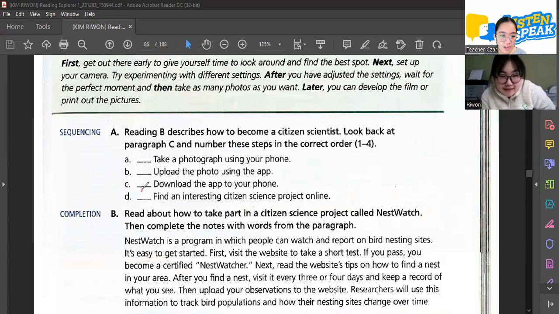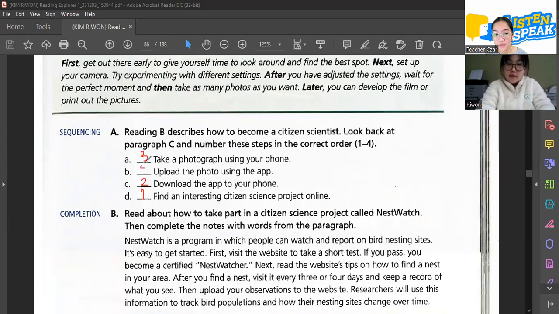Yes, you need to find the one that you want. Okay. Number 2. Download the app to your phone. Very good. Take a photograph using your phone. Okay, and 4. Upload the photo using the app.